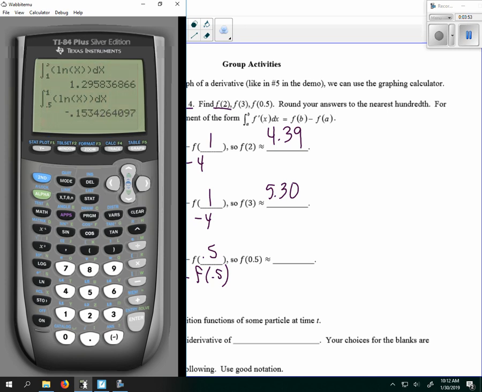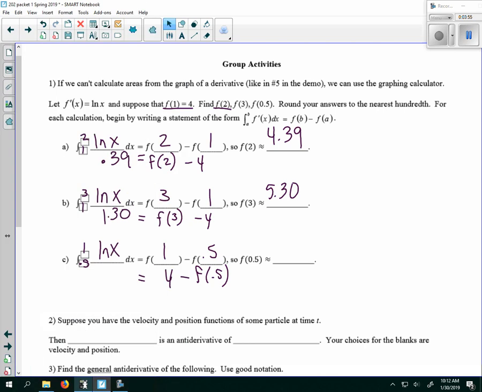And I get negative 0.15 to the nearest hundredth. Negative 0.15. So now I need to solve for f of 0.5. And I would add 0.15 to both sides, add f of 0.5 to both sides. So f of 0.5 is approximately 4.15.